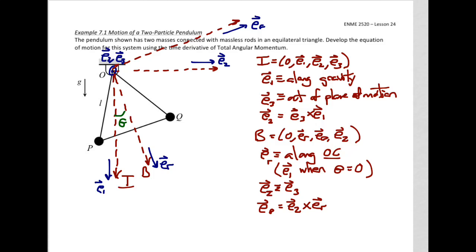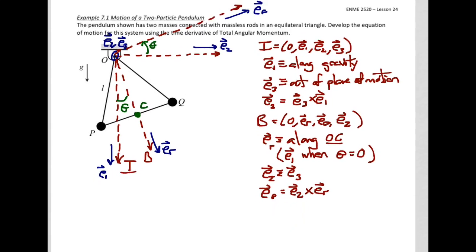ER we're defining as along the vector OC, C being a point that I'm making up that's halfway in between point P and Q. And so that means that whenever theta is equal to 0, our object here is flat, and ER is the same as E1 when theta is equal to 0. And then EZ is along the direction of E3, so it is also pointing out of the plane, and E theta is equal to EZ crossed with ER.